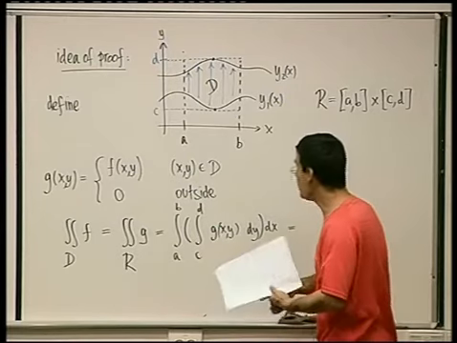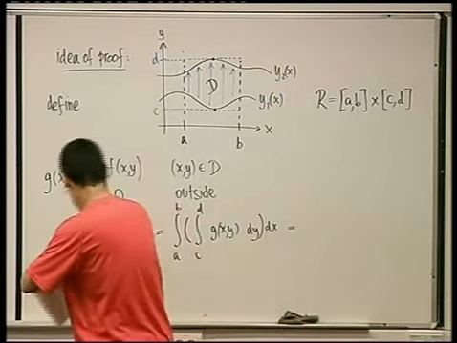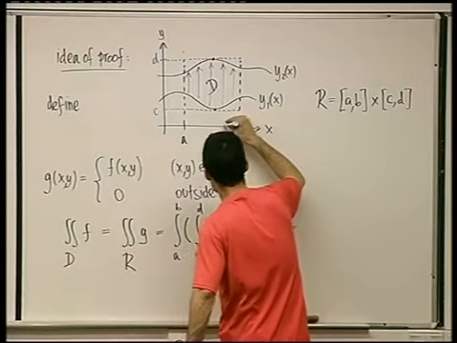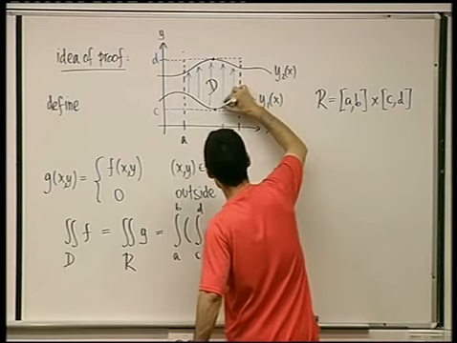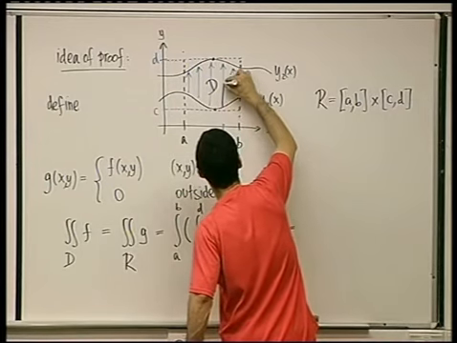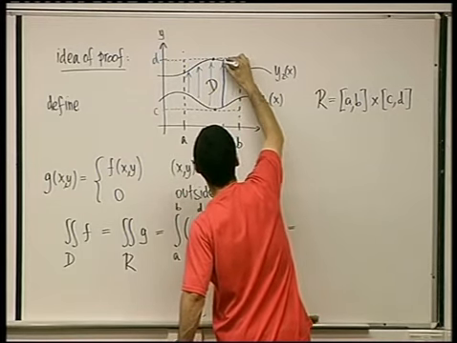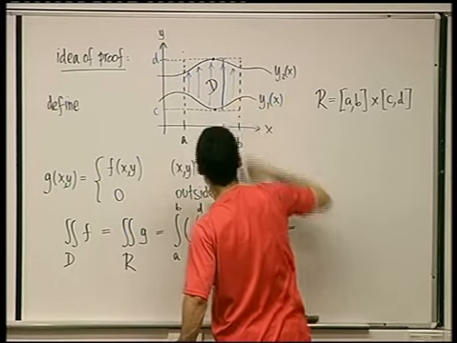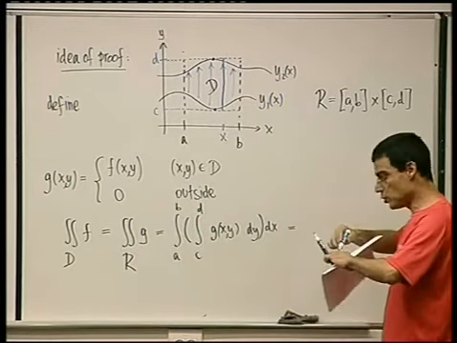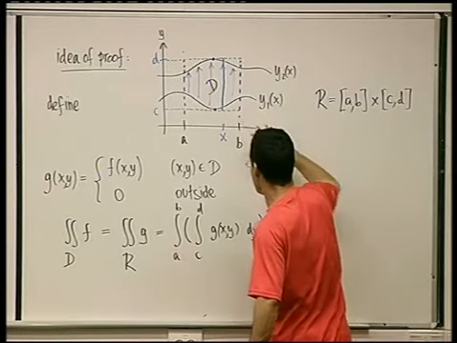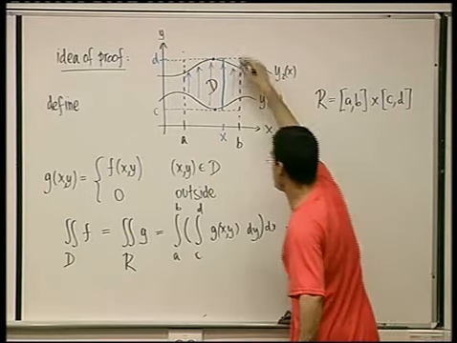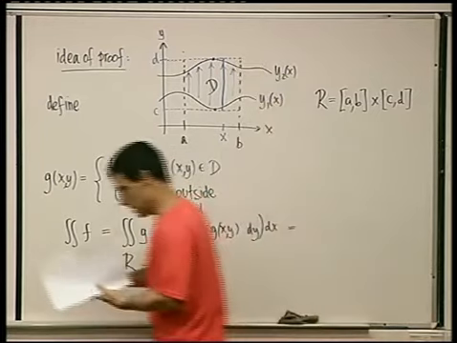So now I'm looking at, maybe let's just bold it, a specific x, maybe this x, and I'm integrating just from here to here, all the way. Let's zoom in on this picture a bit. I'm fixing an x. I'm zooming in on this. Let's take another color.